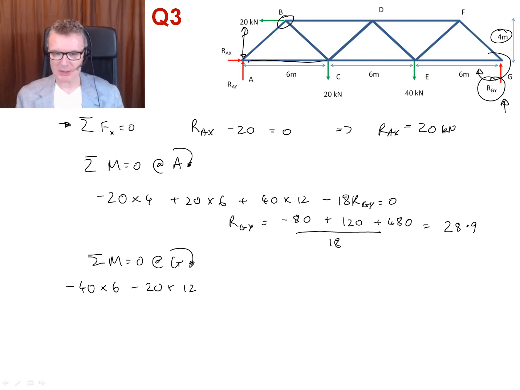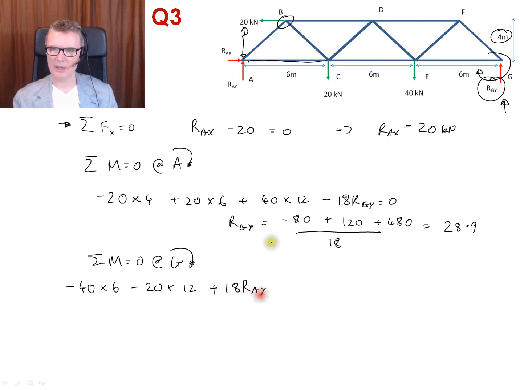Okay, right, so minus, where was I? Minus 20 times 12. Okay, yeah, we're here. Minus that. Right, so the distance from here to here is going to be, that's going up, so it's a positive, and it's 18.